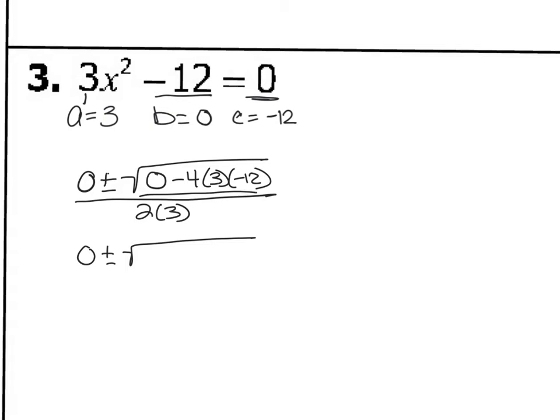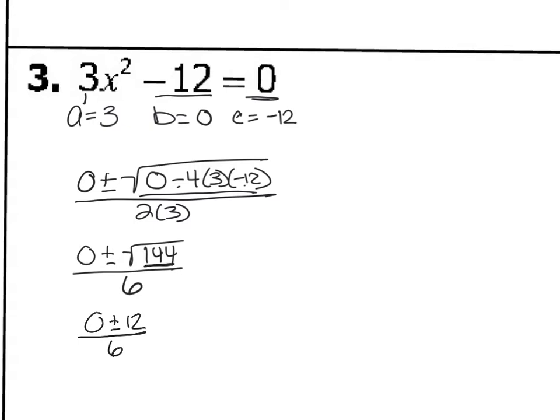When you put all that in there, a negative and a negative makes a positive, so it's 144 over 6. All right, so the square root of 144 is a perfect square, so 0 plus or minus 12 divided by 6.